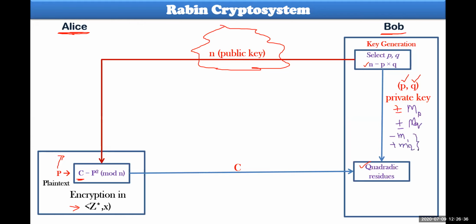These two are related to the private key P. Then minus M3 and plus M3, sorry, M4. These two are related to Q here. There are certain combinations available, and I'll let you know what the combinations are after some time. So based on these quadratic residues, 4 different outputs will be obtained.